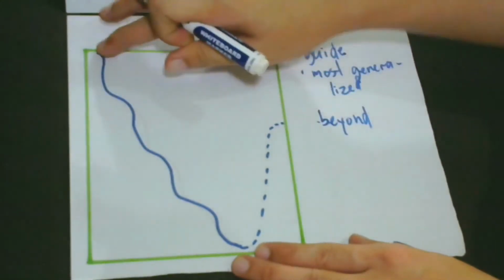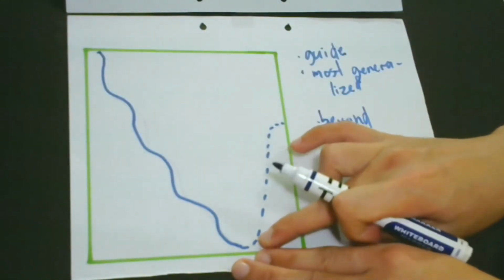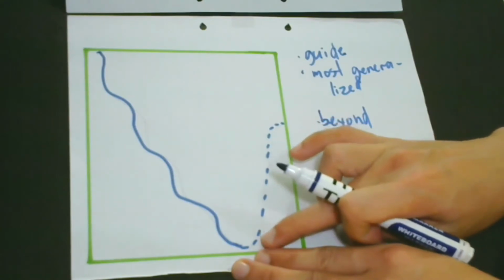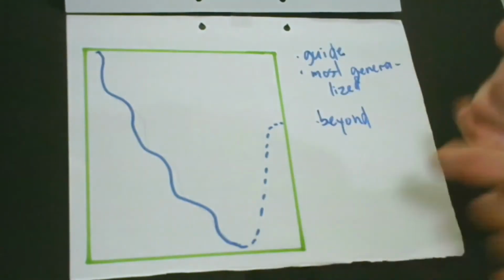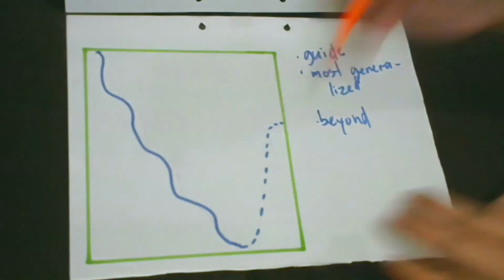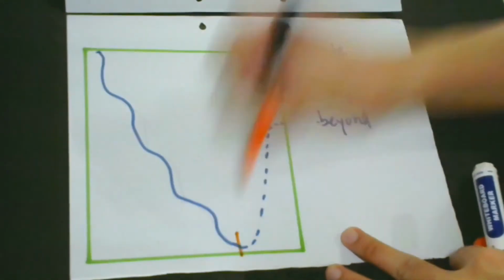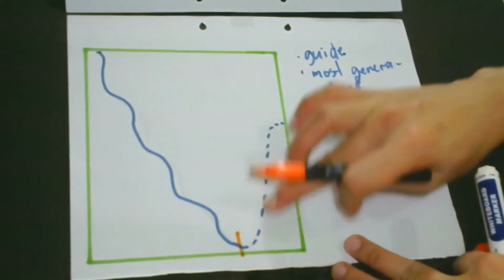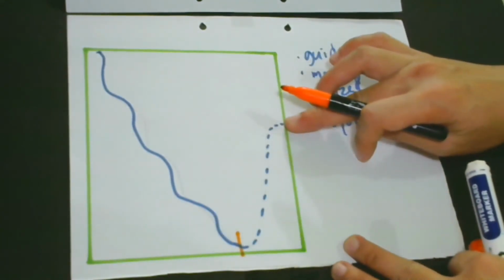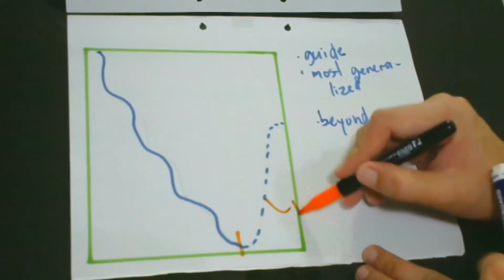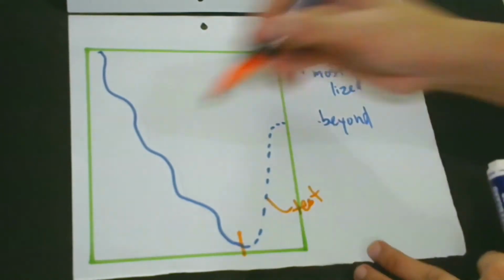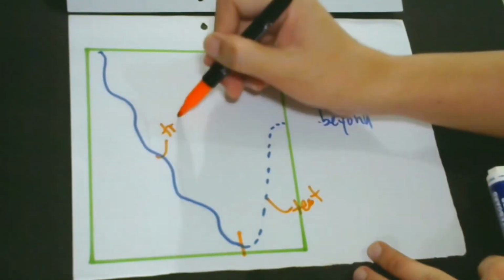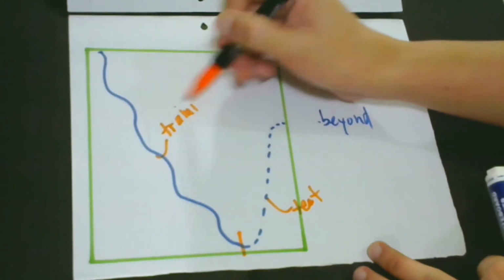So the continuous line, this one, is our training set. Okay, let me divide. So from here, the one that you could see, okay, this is part of our test set, and this is a part of our training or sample training.